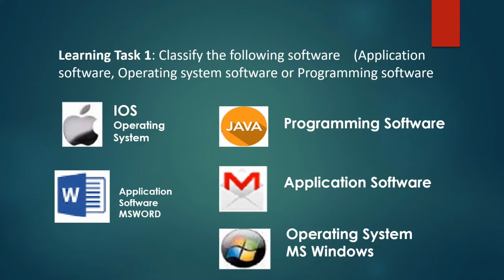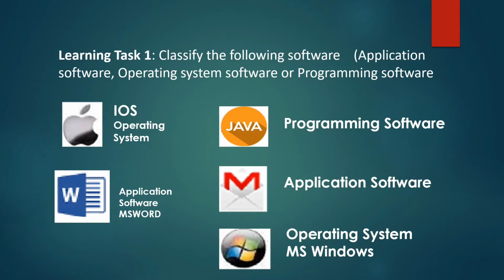Now, for the application, these are applications that have a specific function, whether it's for gaming, recording, or typing a document, such as Microsoft Word, Microsoft Excel, Microsoft PowerPoint, or any other games or applications where you can send files or documents.